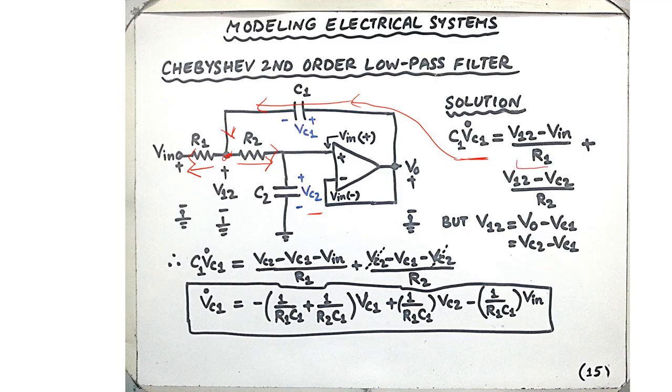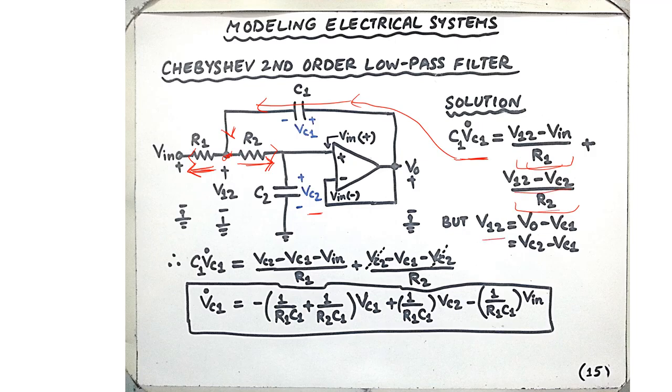Those currents can easily be written as follows. So V12 minus Vin over R1, plus the current through R2 in the opposite direction, that's V12 minus VC2 over R2.